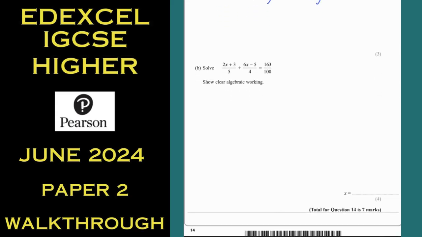Question B, solve. So I'm going to multiply every term, all 3 terms, by 100, which really means this needs timesing by 5. So I'm timesing it by 100, so it's being times by an extra 20. And similar logic, these numerators are going to be multiplied by 25.